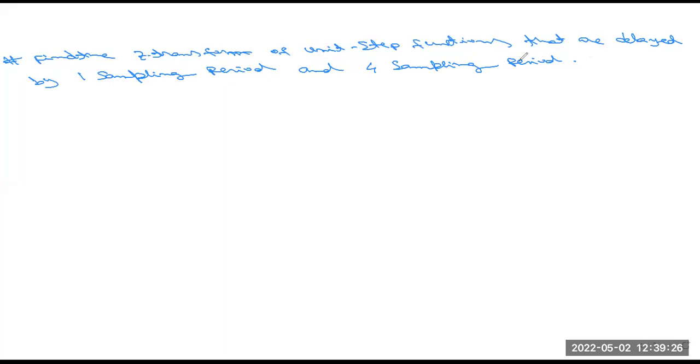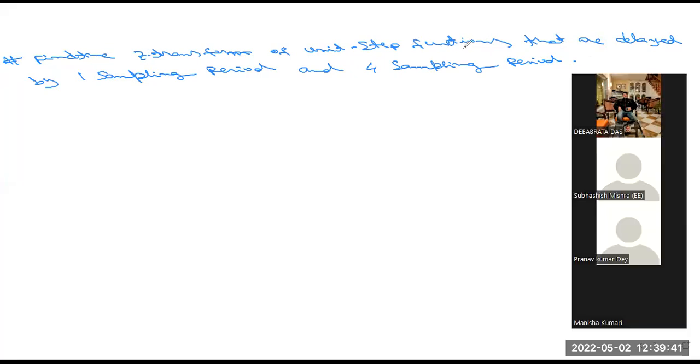Okay, so आपको ये क्वेश्चन दिया गया है. So the question is find the Z transform of the unit step function. You know the unit step function. In previous classes we solved the different unit step functions. So for this unit step function, the condition given here is the time delay.